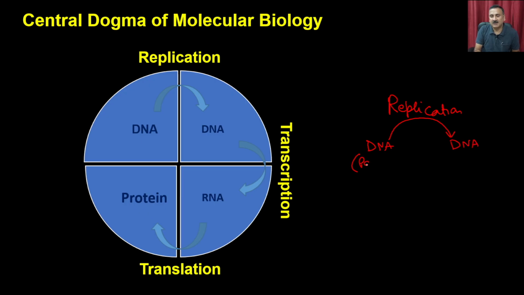You can imagine that this could be the DNA of the parents and this could be the DNA of the offspring, and this whole process has to be done with a lot of precision and accuracy, so that you do not carry bad information. You want to carry the same information that is present in this particular DNA, and on the other hand it has to be complete in a given time period.